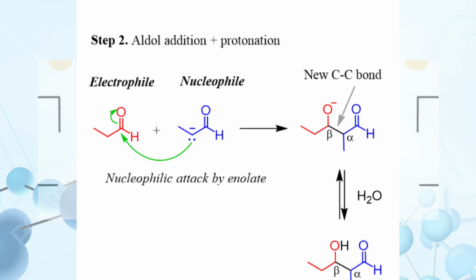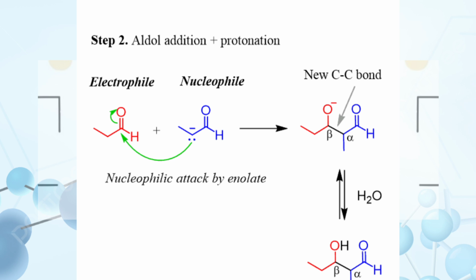This anion picks up a proton from the water molecule to give the aldol as the product. So this is the simple mechanism of aldol condensation. Hope you all understood and it's easy for you.